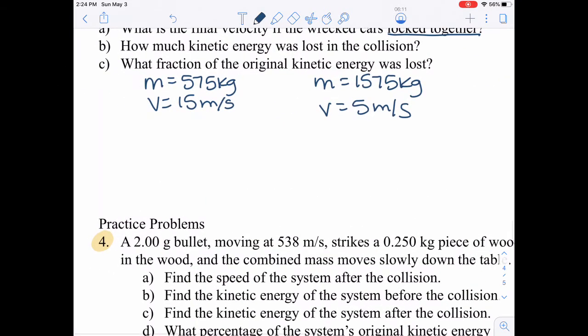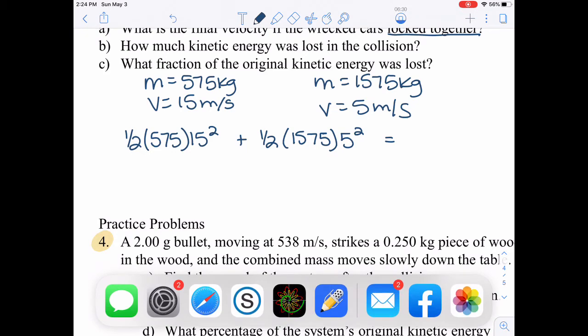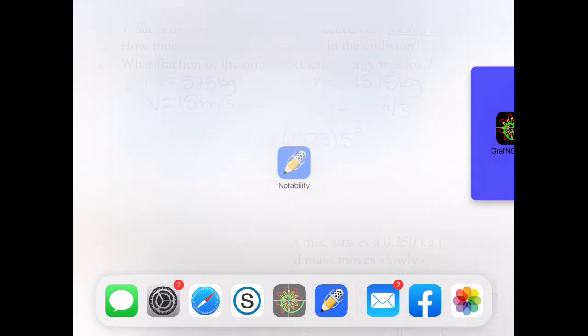Our kinetic energy equation is 1/2 mv squared. So I'm going to start here. There's car 1, plus car 2. And this will give me the kinetic energy that we started with.